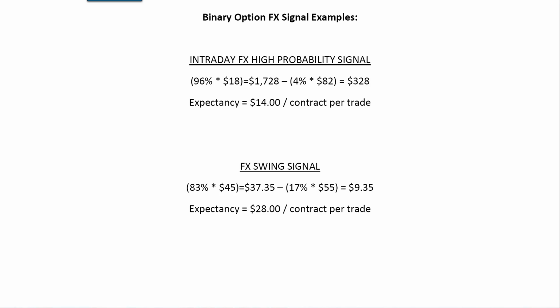But then on the winning side, if you take 30% winners, but you're capturing $90 in premium, 30% of 90 is $27. And so 27 minus 7, you're making $20 expectancy per contract per trade on a setup that only wins 30% of the time.